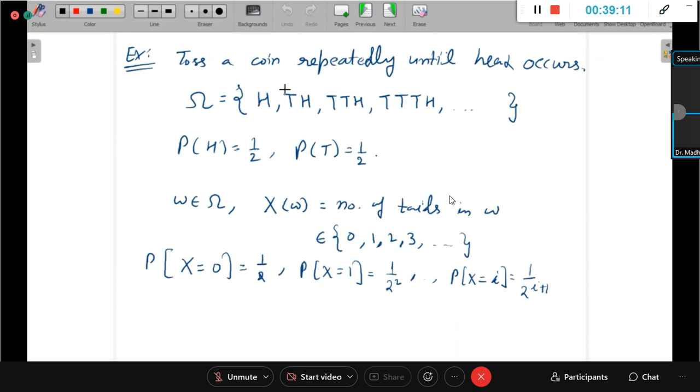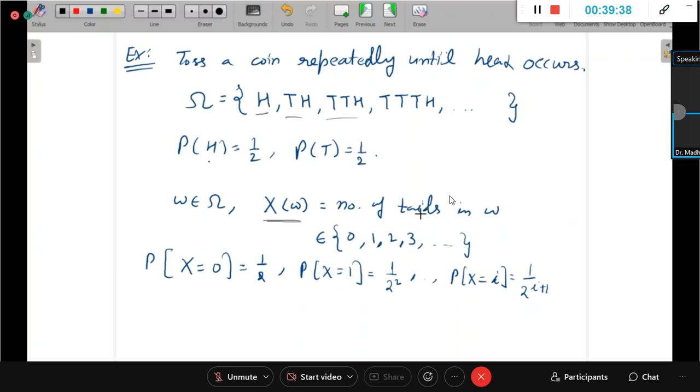The experiment is to toss a coin repeatedly until a head occurs. This is the sample space, and we assume the coin is fair: the probability of getting head is 1/2, and the probability of getting tail is 1/2.